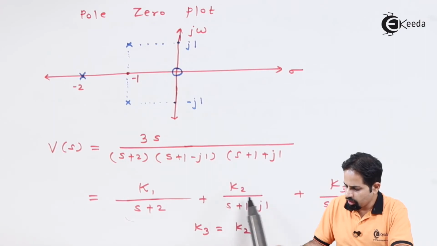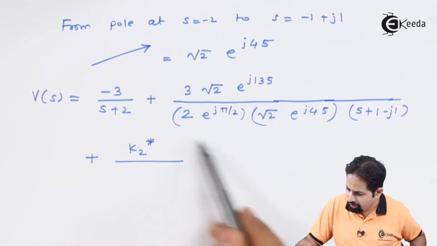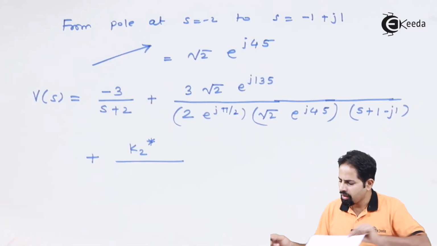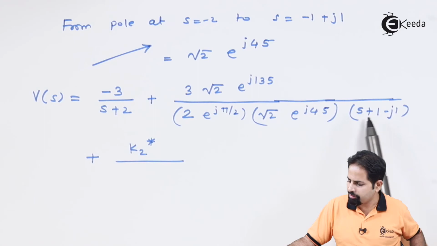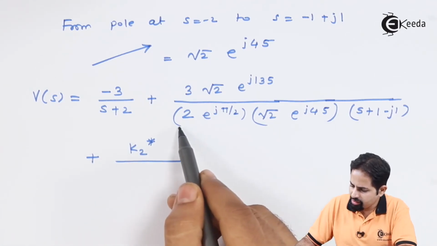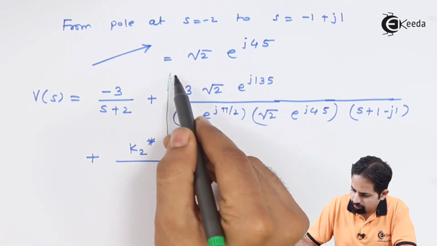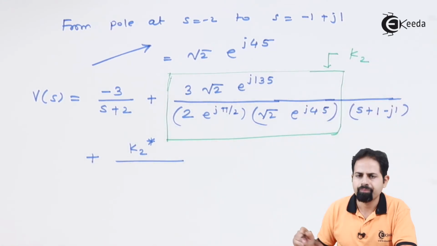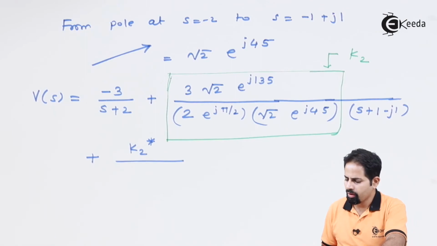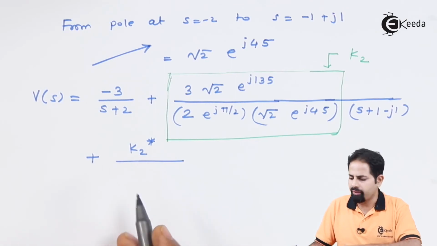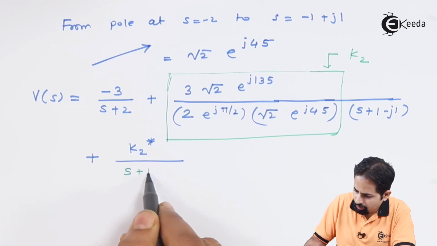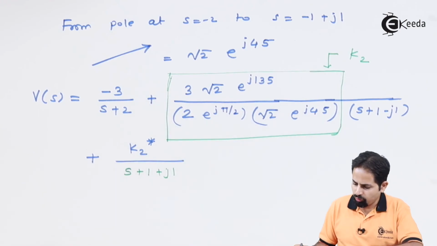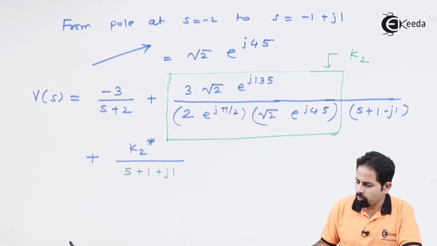See, this K2 corresponds to this complete factor, and the denominator is s plus 1 minus j1. Here also it is s plus 1 minus j1. So the remaining factor, all this remaining term, is K2, and then there will be K2 conjugate divided by s plus 1 plus j1.